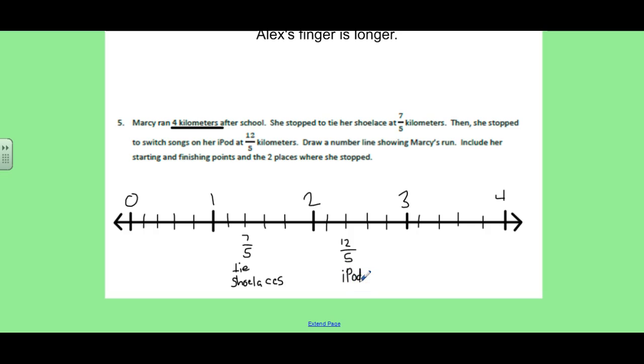We also labeled where she tied her shoelaces, and where she had to change the songs on her iPod. So when you look back at the question, it said draw a number line showing her run, include the starting and finishing point. So we started at 0 and ended at 4, and then put the 2 places where she stopped, and we put 7/5 and 12/5 and what those 2 places stood for.